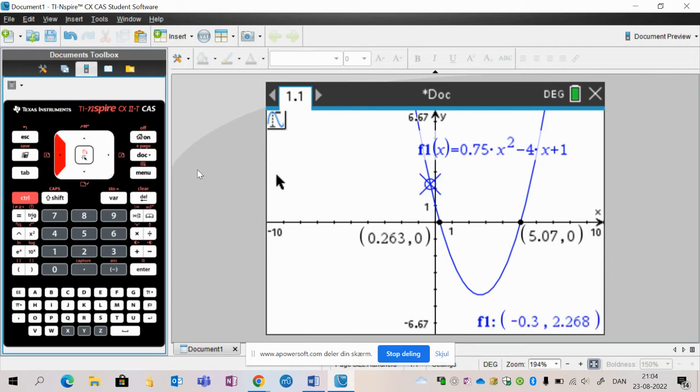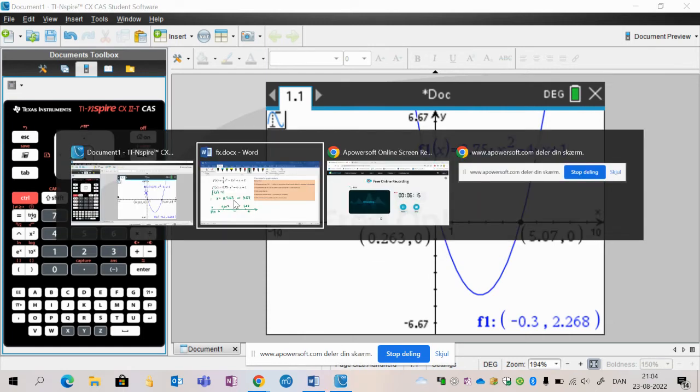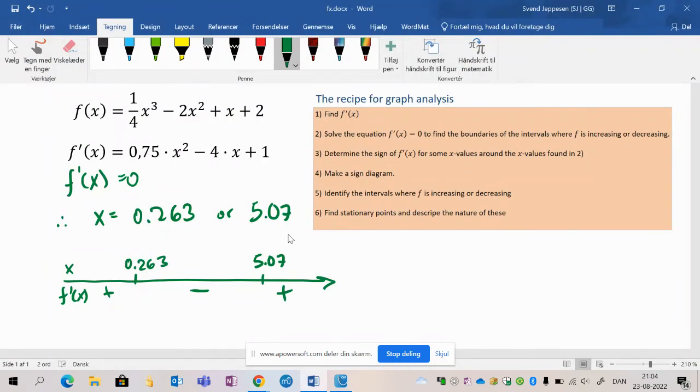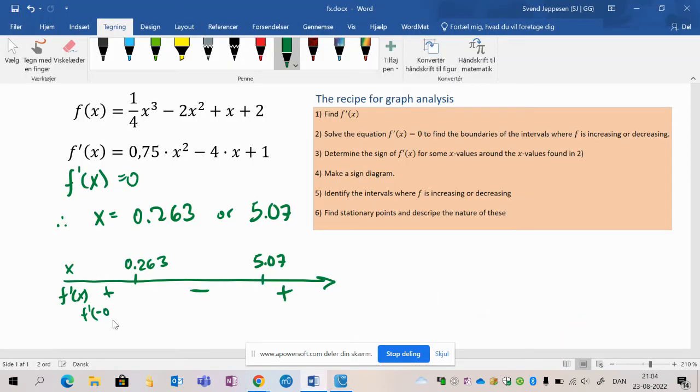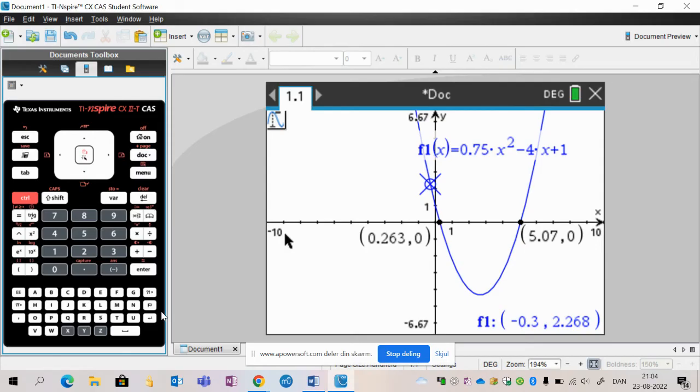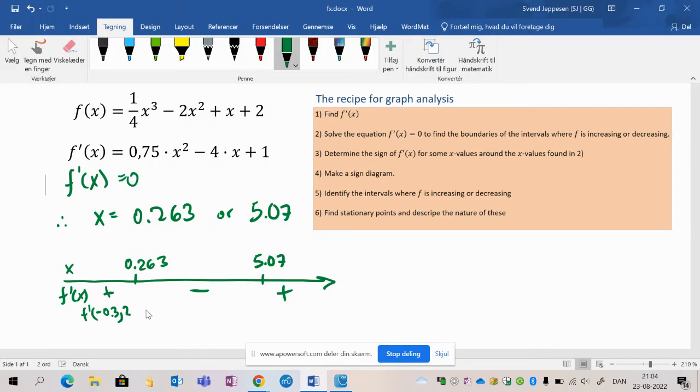Simply choose a point in the first interval, and you can see the coordinates down here. As you can see, f dashed of negative 0.3 is 2.268. So you could state that in your document here: f dashed of negative 0.3 gives you 2.268.